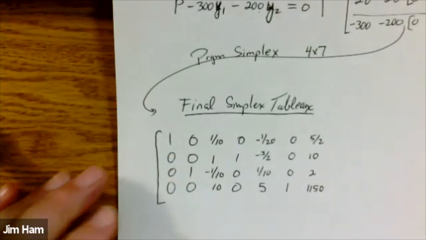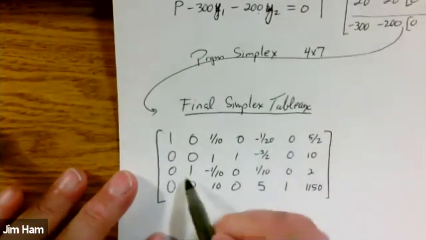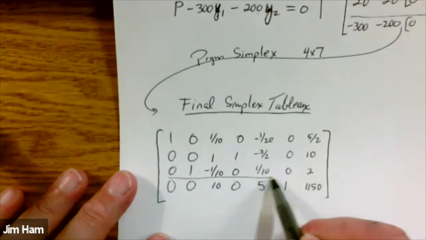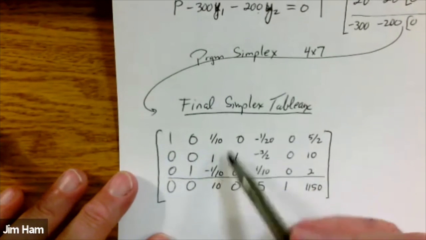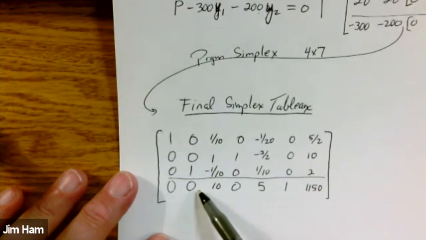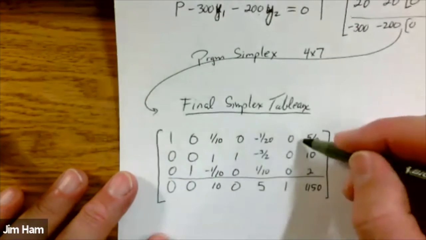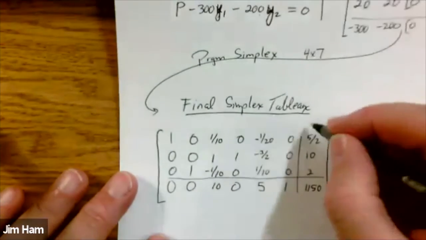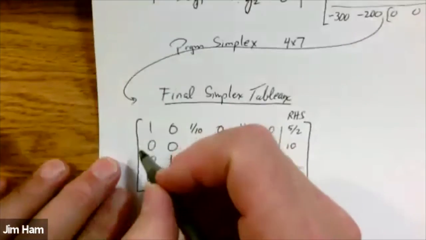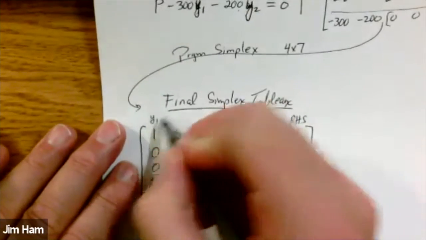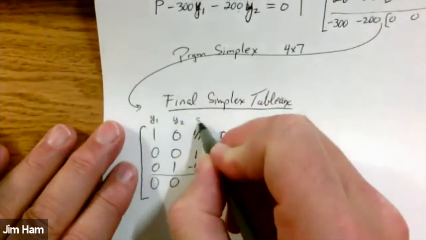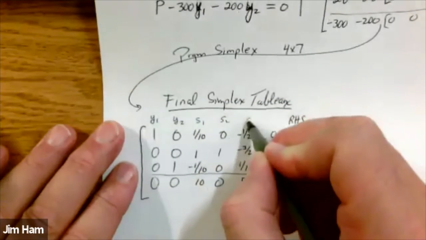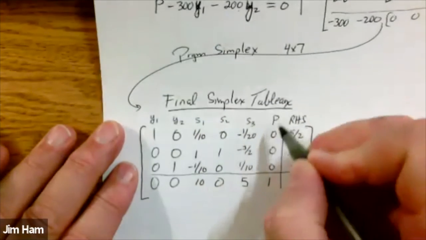Okay, so here's the final simplex tableau. I'm going to put the labeling on it. That is, I'll separate the constraints from the objective function. I'll also separate the variable pieces from the right-hand side. So we have y1, y2, s1, s2, s3, p.